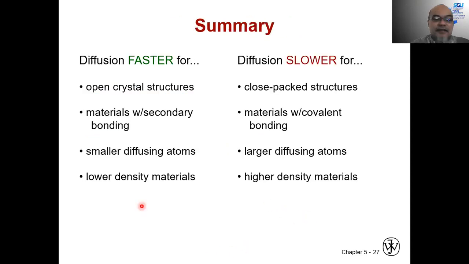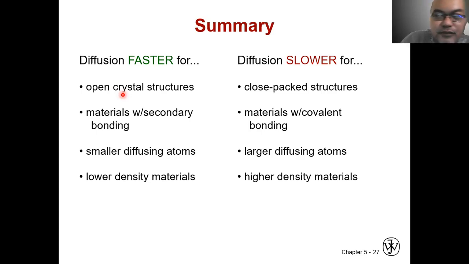So in summary, diffusion is faster for open crystal structures, where there are grain boundaries, so the impurities can diffuse quicker there. It is also faster for materials with secondary bonding, for example hydrogen bonding and van der Waals bonding.